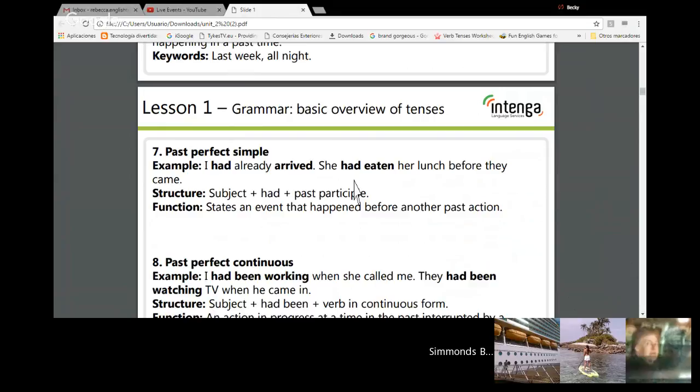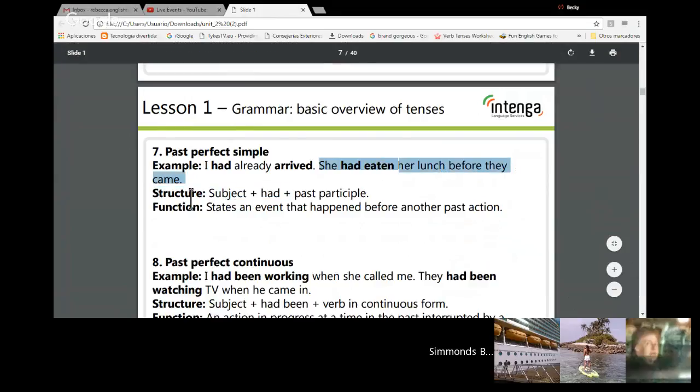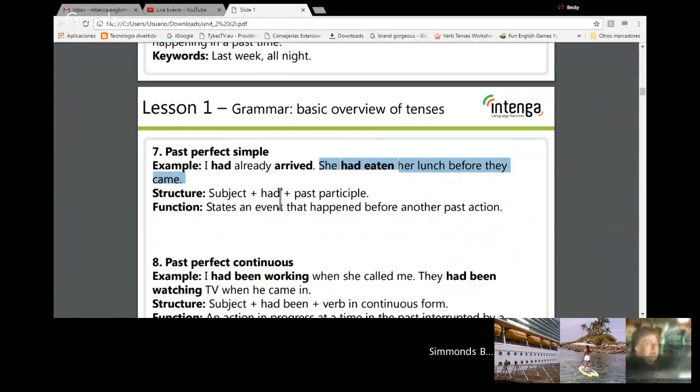Okay, so my question here for everyone in this class is, she had eaten her lunch before they came. What happened first? Did she eat first, or did they come or arrive? She ate first. Exactly. And this can be confusing depending on your native language.